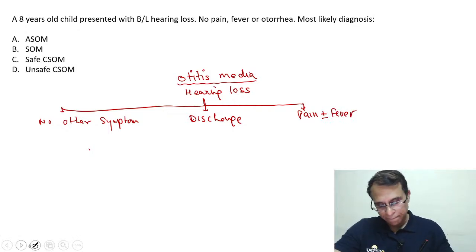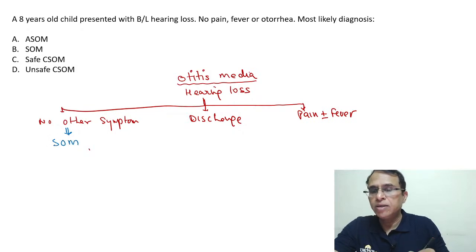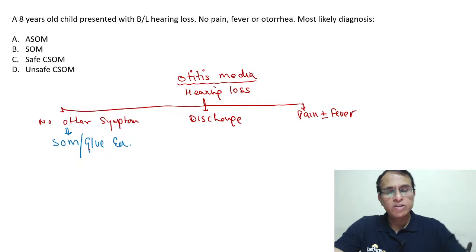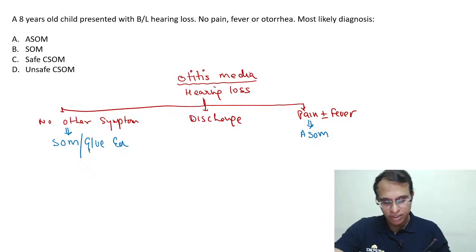Now, if there is no other symptom, then most likely it is going to be SOM, serous otitis media, or glue ear as it is sometimes called. If it is pain and fever, it is ASOM, acute suppurative otitis media.